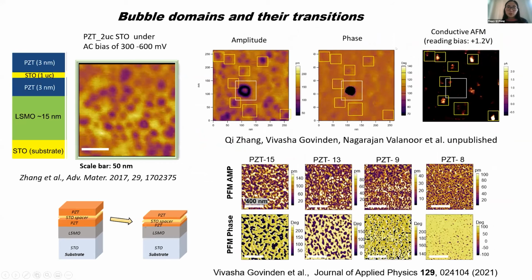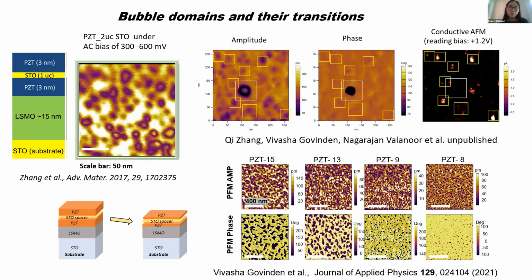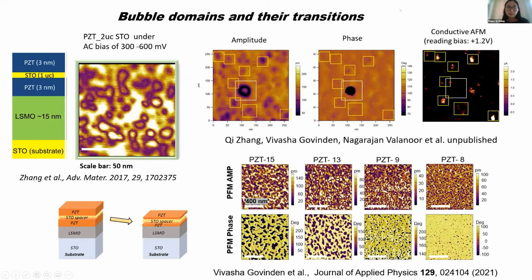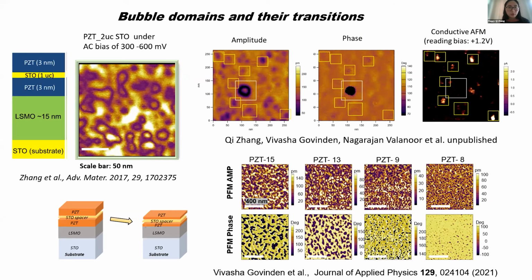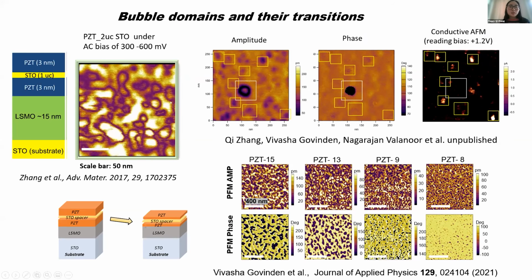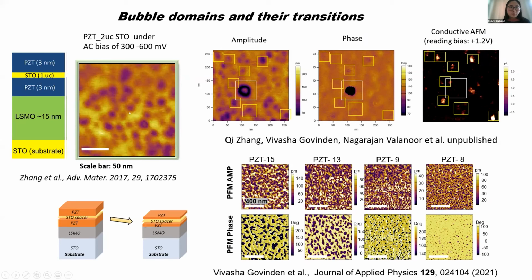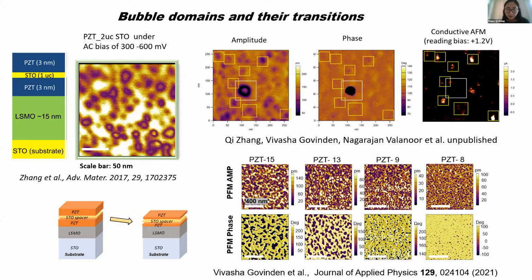In the future, one of our plans is to keep working on and exploring how to design and fabricate devices for another topological defect, which we call nanoscale bubble domains. These domains have a very small size, less than 10 or 5 nanometers, from piezoresponse force microscopy.